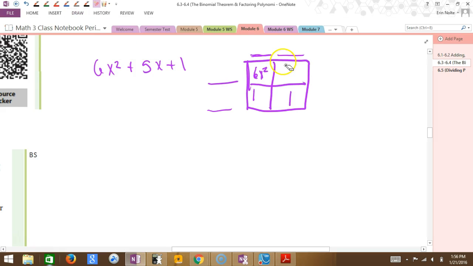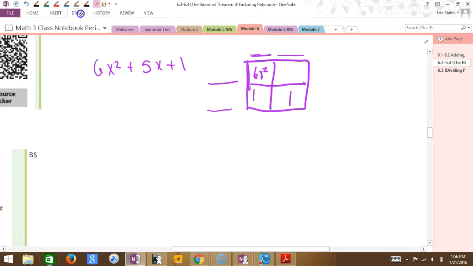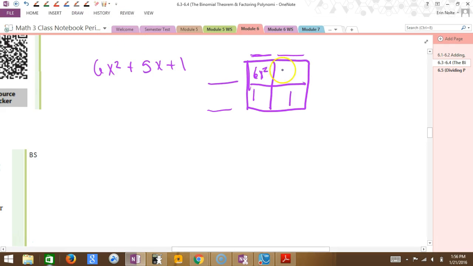But they have to add together. They have to add to 6. Don't they have to add the middle terms to the outside? So you multiply 6 times 1. Oh yeah, and then it has to multiply to that. Okay.